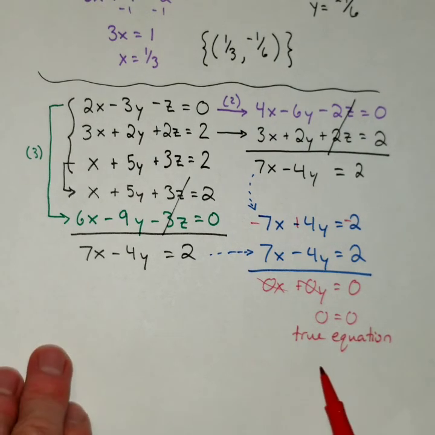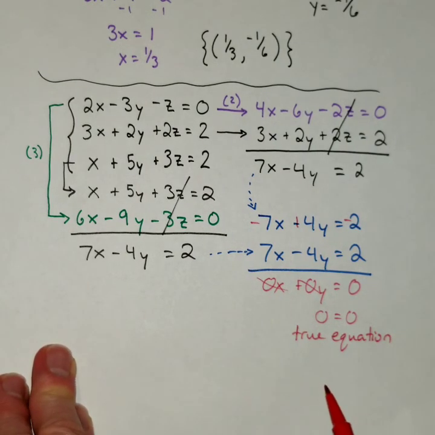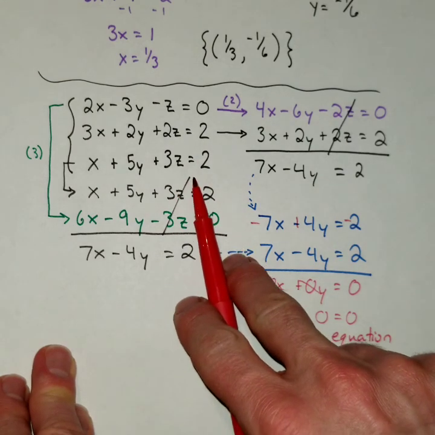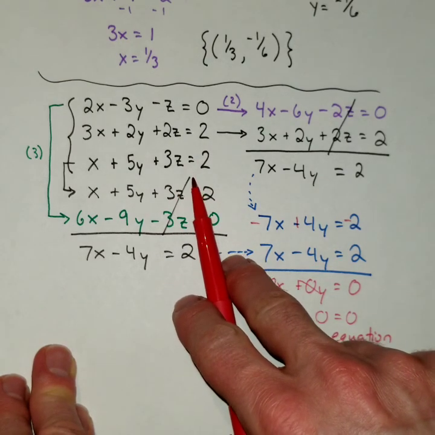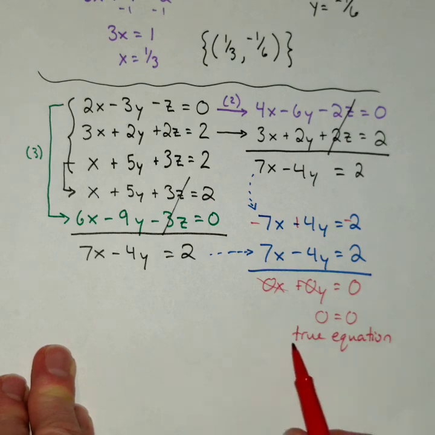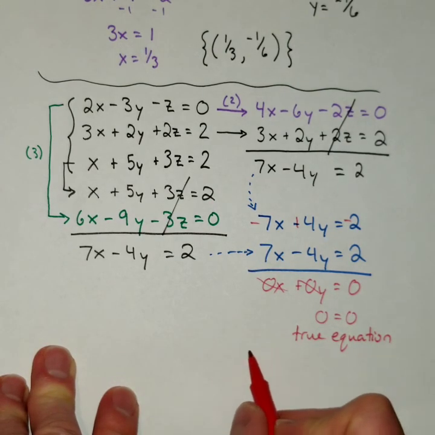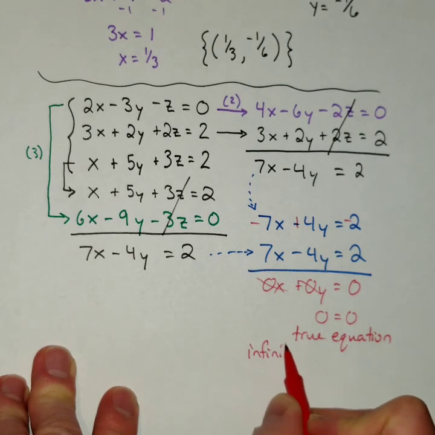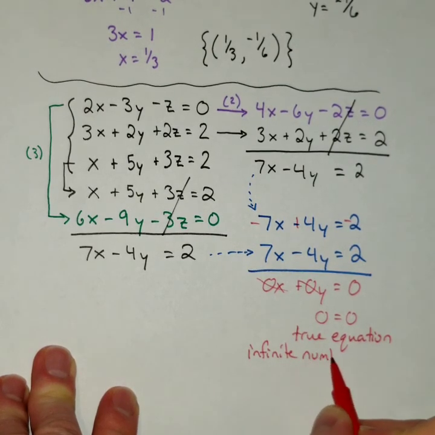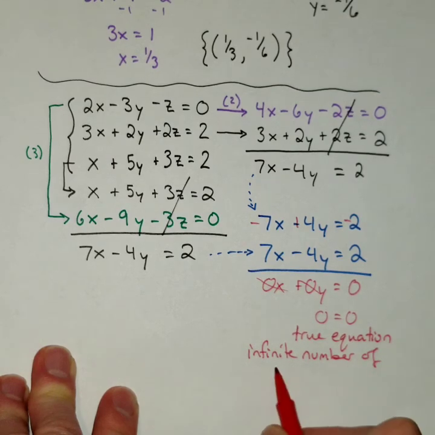And in a true equation, we actually have an infinite number of solutions. Most likely these three planes intersect in a line or in another plane. So this is a true equation with an infinite number of solutions. Okay?